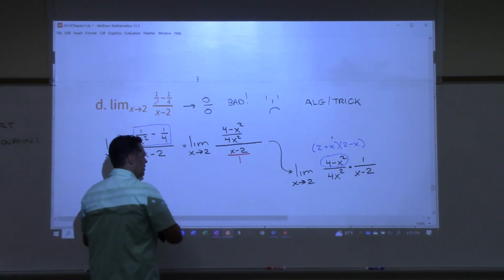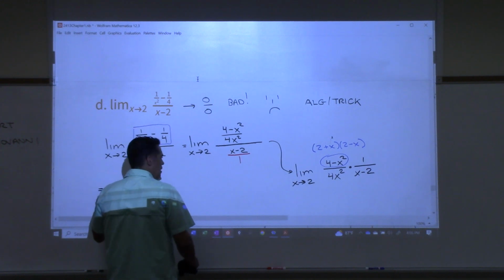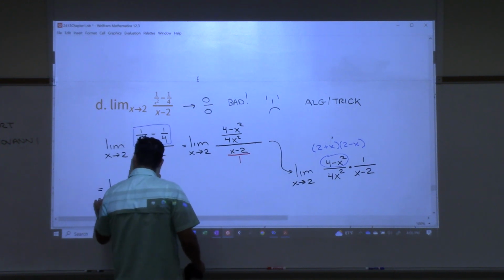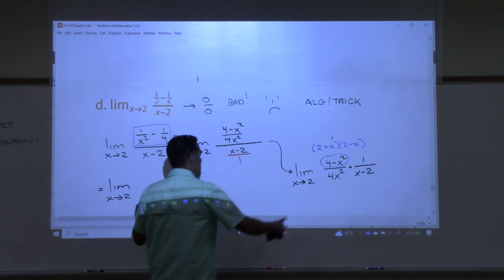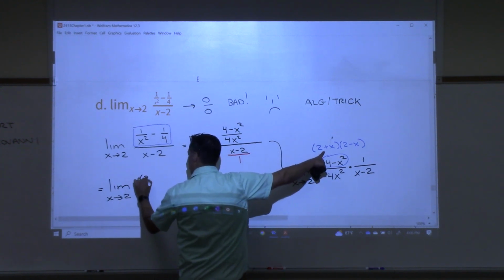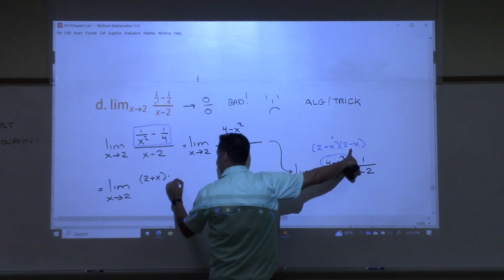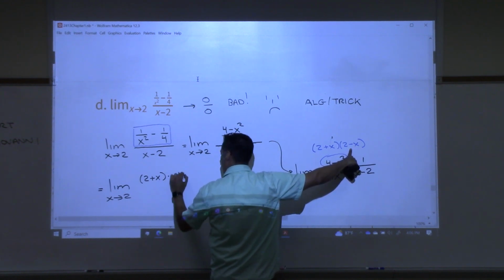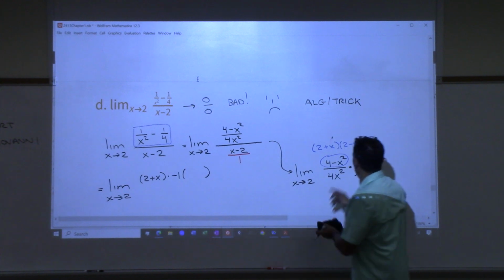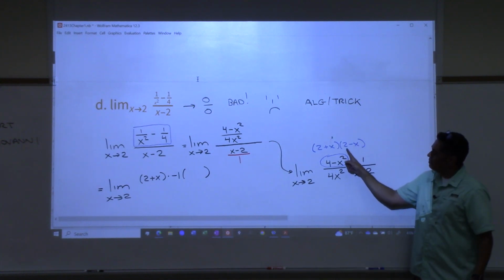The joys of calculus. So I'm going to rewrite this. Let me do it this way. Limit x approaches 2. This I'm going to leave as 2 plus x times this one. I'm going to pull the negative out of this one. It's negative 1. And then what would be left in there if I pull a negative just out of this? It would change the signs, wouldn't it? So it would be what?